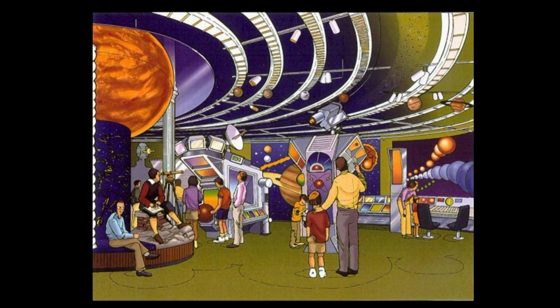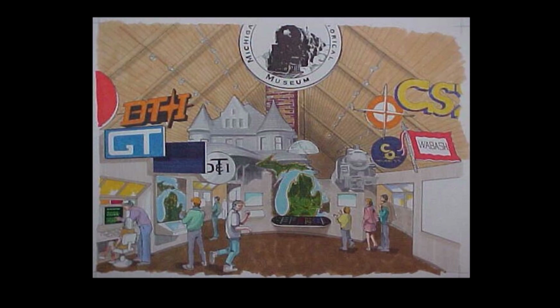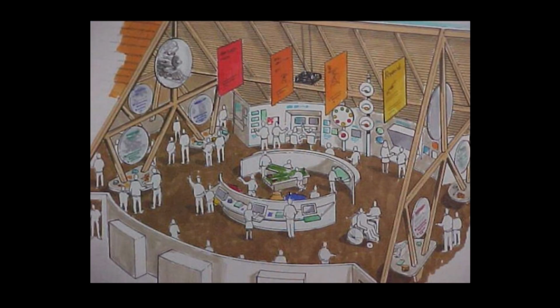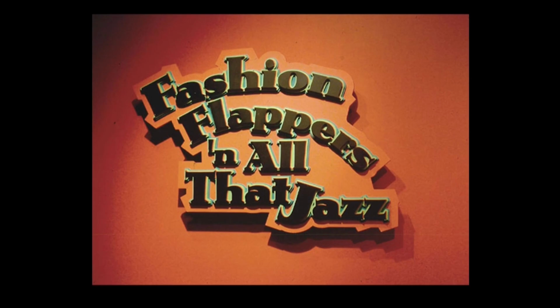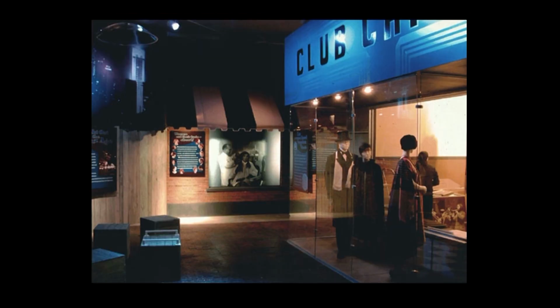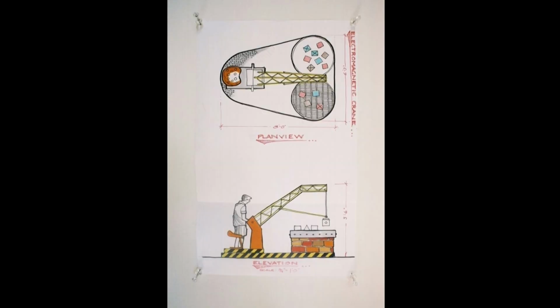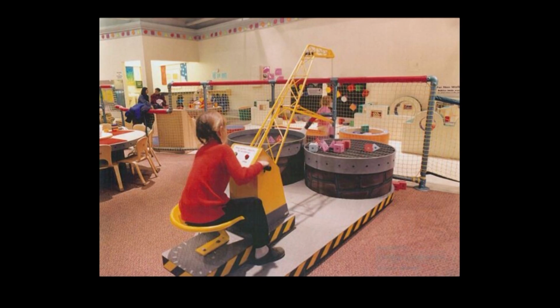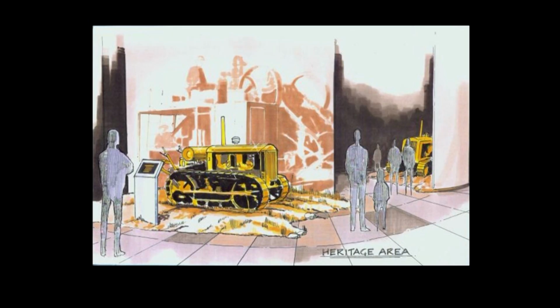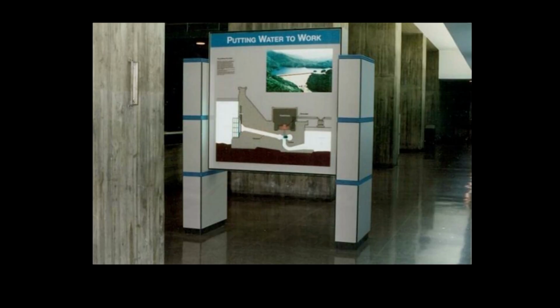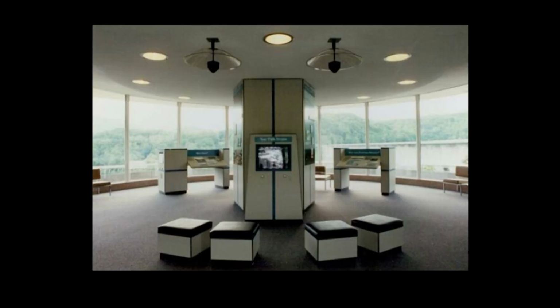This was for the Louisiana Arts and Science Center, the Michigan Railroad Museum, the Thomas Edison Museum, the Chicago Historical Museum. Here's the Museum of Science and Industry, Idea Factory, the Caterpillar Corporation Visitor Center, and the Tennessee Valley Authority, Hydroelectric Visitor Centers.